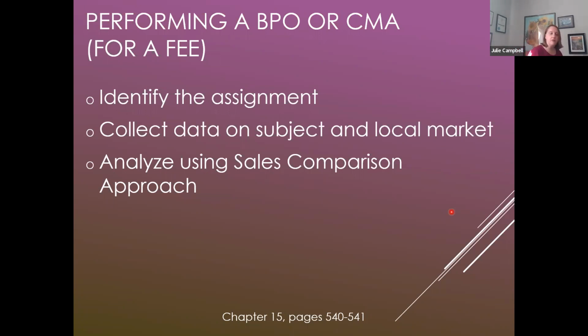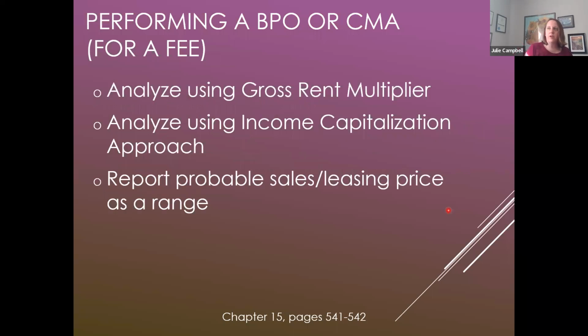Some are going to be more similar to the subject than others. We can help by looking at the gross rent multiplier, or sales price divided by the rent. And there's the income capitalization approach for properties that produce an income.